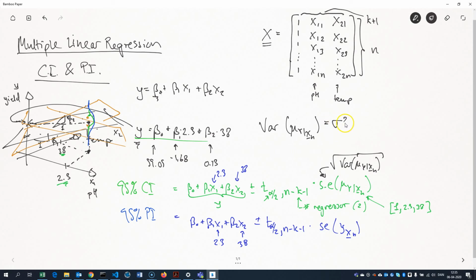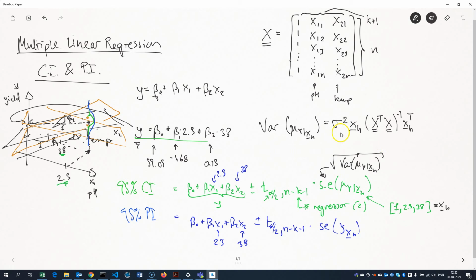It's the total variance of the y values times the xh vector, that's this one here, multiplied by the design matrix transposed, multiplied by itself, and then everything inverted, multiplied by the xh vector transposed.